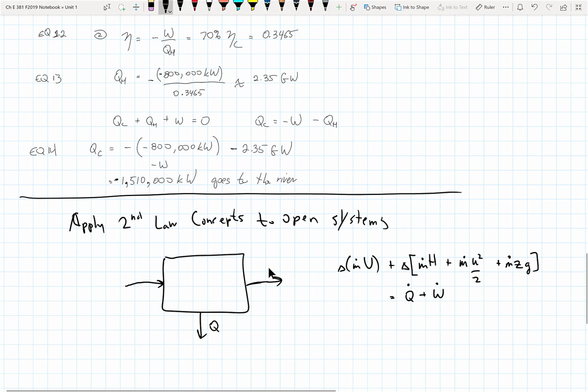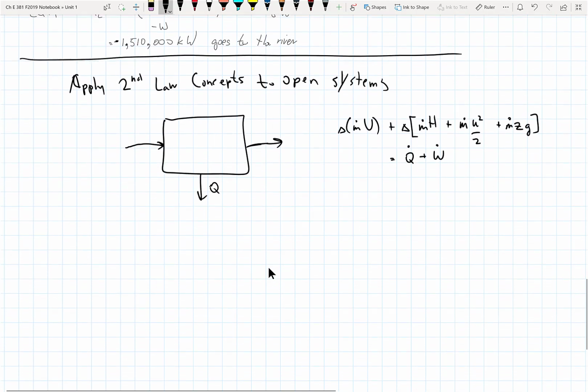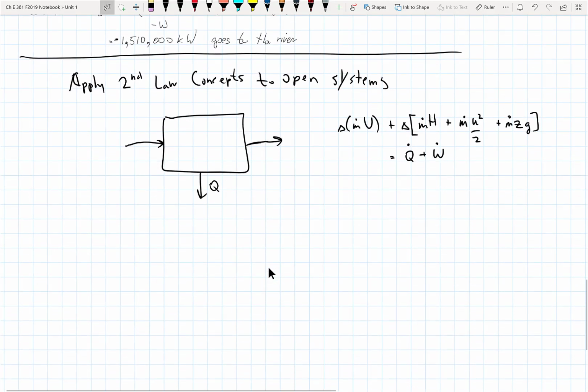For the second law, entropy is not conserved, but what we're going to be doing is something similar. We are going to be doing an entropy balance. So like we had for the energy balance, the entropy balance is as follows. And this should be the time derivative, sorry, not the delta, up at the front there.